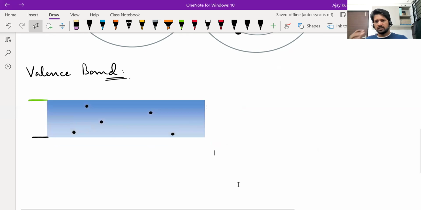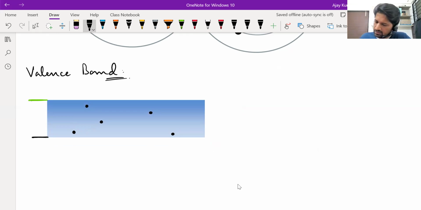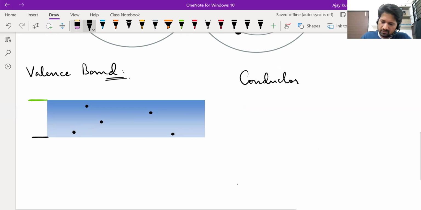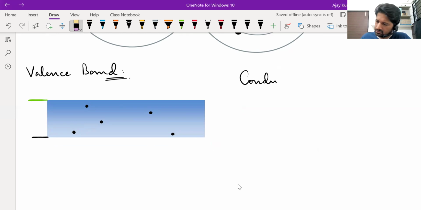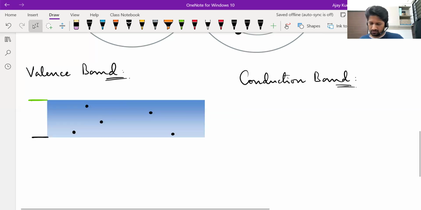But these electrons are bound to revolve around one or two nuclei. They cannot go around in the entire material. Now, if you give sufficiently high amounts of energy, then the electron will become free to roam around in the entire material. Then those energy ranges or those levels of energy are called the conduction band.